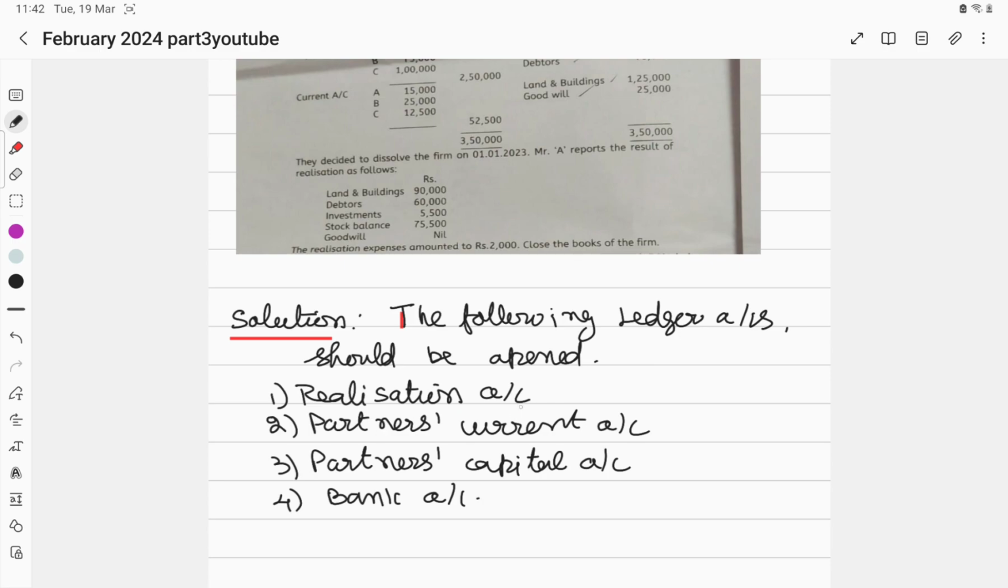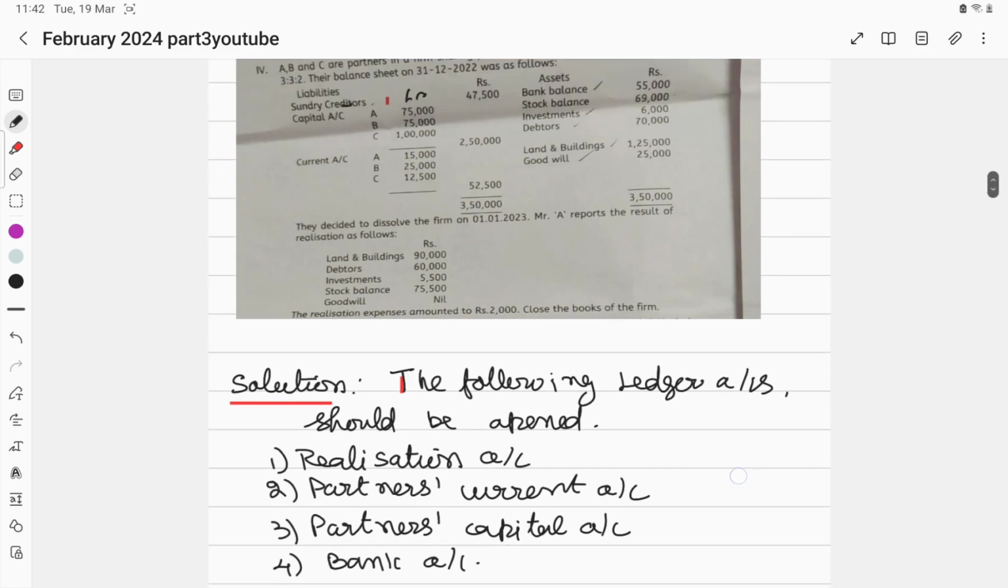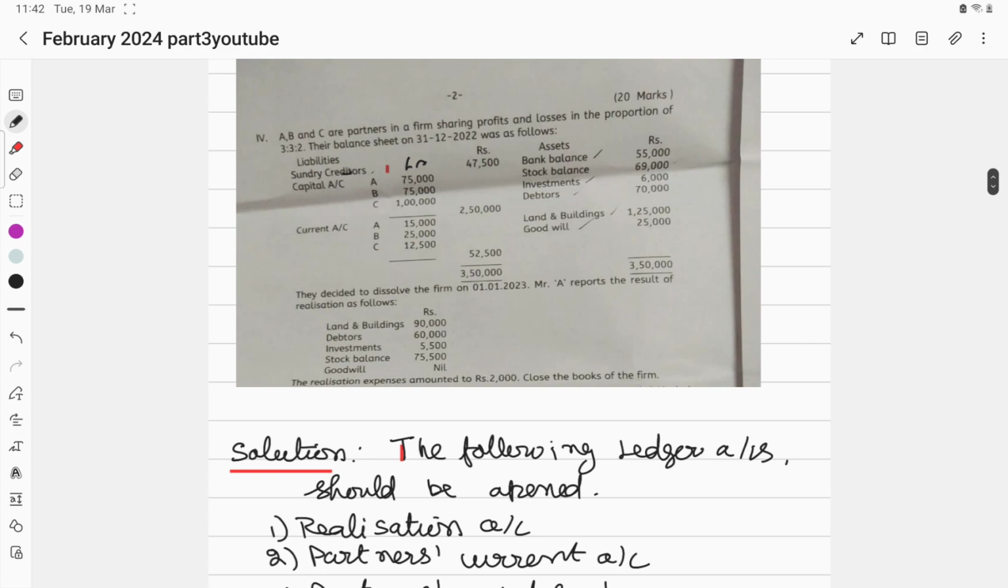Okay, first realization account. To open the realization account, first, it is a dissolution. Since it is a dissolution, we have to follow the 3 steps.